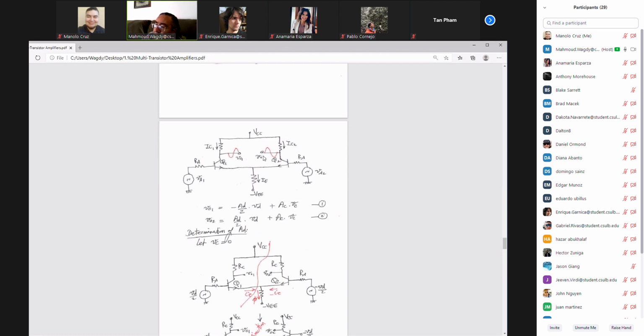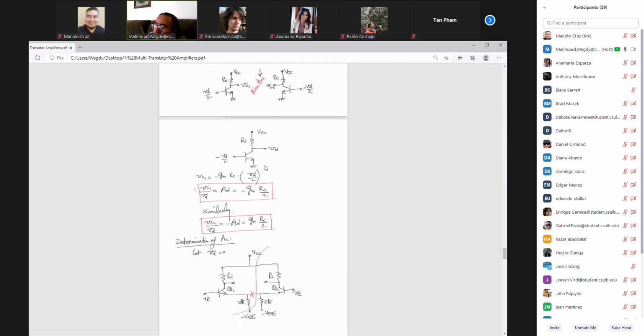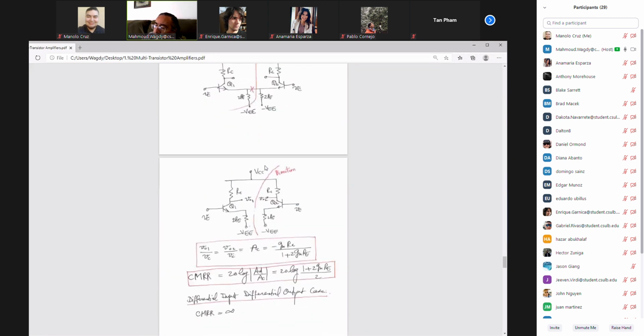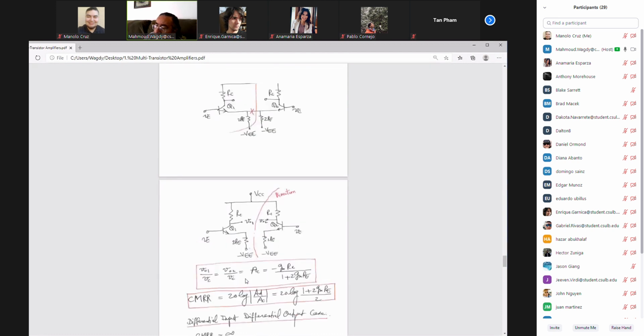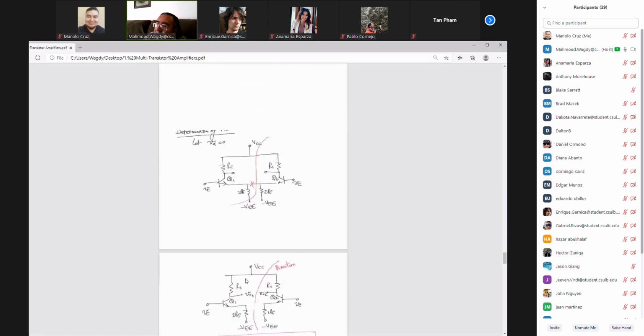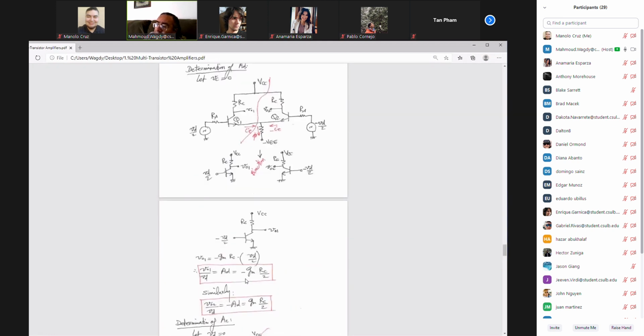What's the difference between V output 1 and V output 2? The common mode rejection ratio is going to be infinity. Why is that? Because when you do that, there is no common mode component.